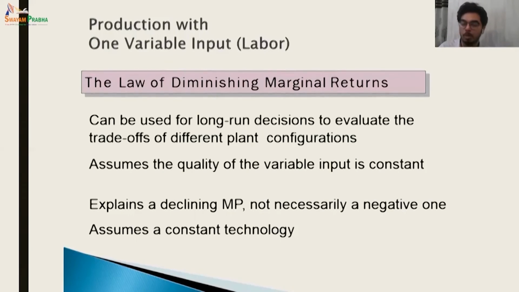That okay, fine, I know beyond 10 laborers or beyond 8 laborers it does not really help me. So if I need further production, I need to change the configuration of my plant, such as maybe I need to involve more capital here, right?